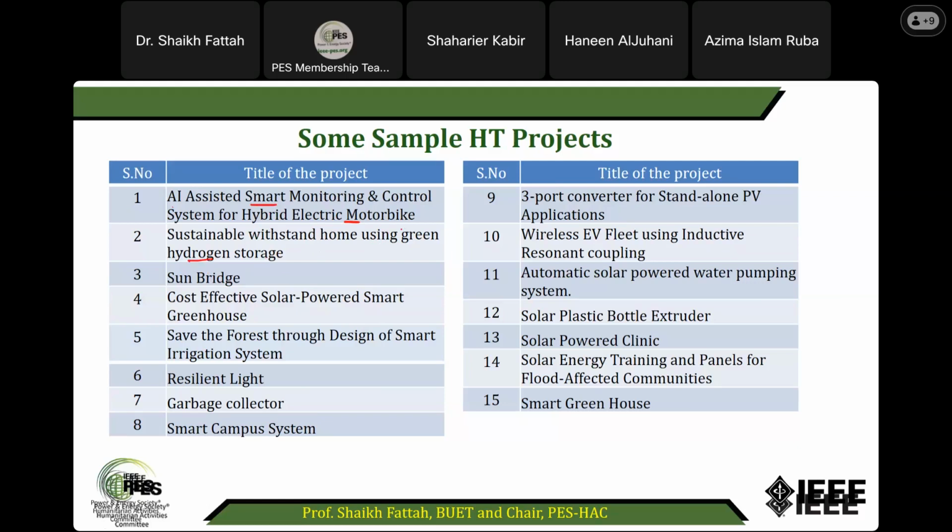So it's about green hydrogen, Sun Breeze, cost-effective solar-powered smart greenhouse, save the forest through design of smart irrigation system, resilient light, garbage collector, smart campus system, 3-port converter for standalone PV, wireless EV fleet using inductive resonant coupling, automatic solar powered water pumping, solar plastic bottle extruder, solar powered clinic, solar energy training and panels for flood affected communities, smart greenhouse.